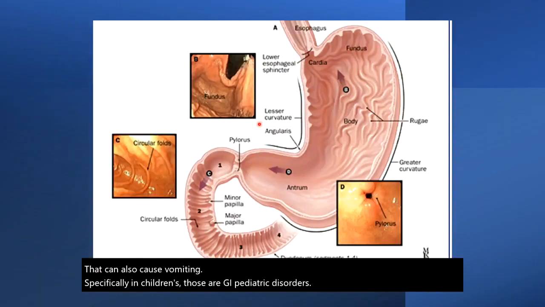Let's talk a little bit about duodenal and stomach ulcer. There are different types of disorders that can cause hypersecretion of chlorhydric acid, or HCl.